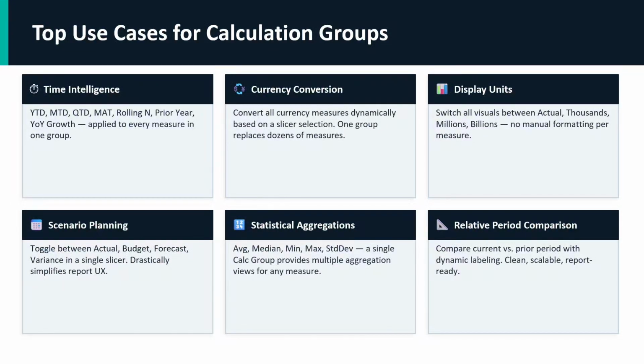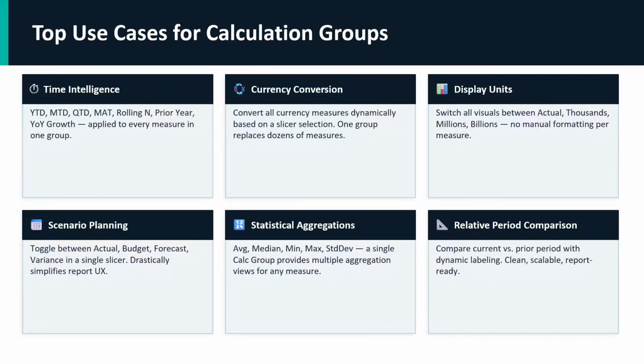You have what the conversions are, and as you're just clicking it, it is converting it automatically. So one group with a DAX expression that multiplies your selected measure by an exchange rate. That's the engine. So every currency measure responds without you having an extra measure.